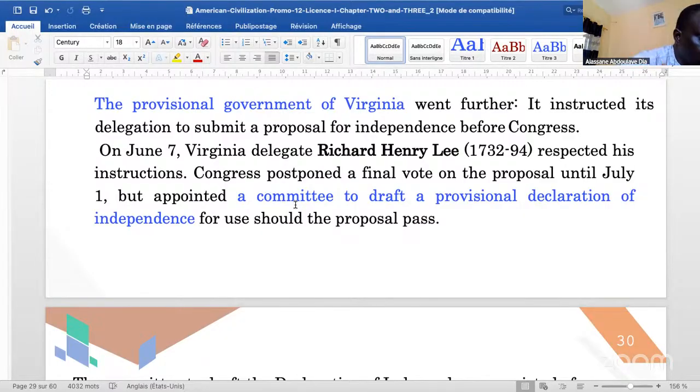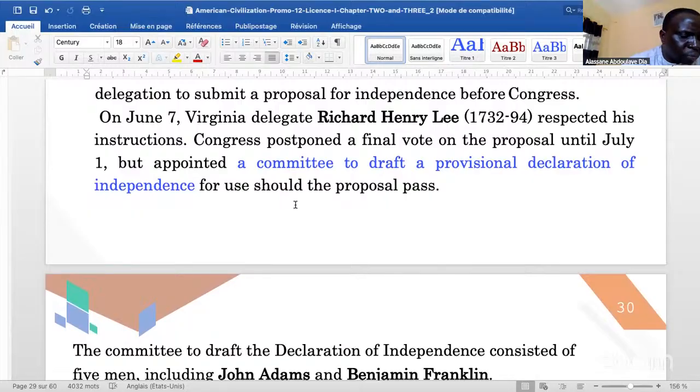So the colony of Virginia was very well organized, and it proposed to influence people to go to Congress and say, we are going today to vote for independence. And when they vote for independence, they are going to take their independence from Britain.